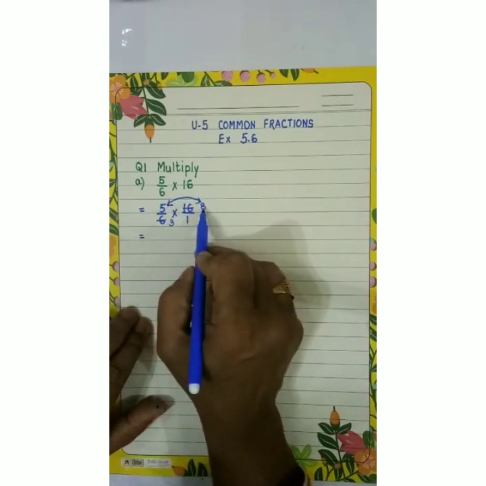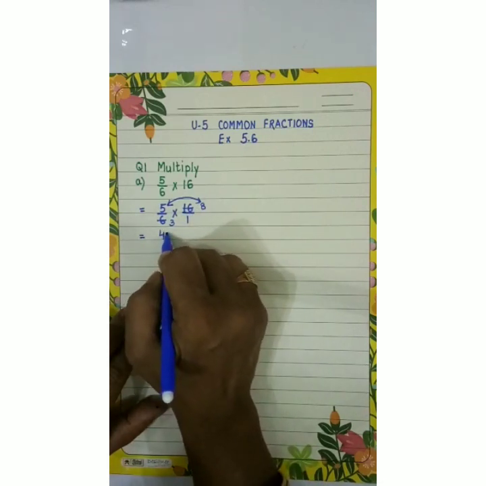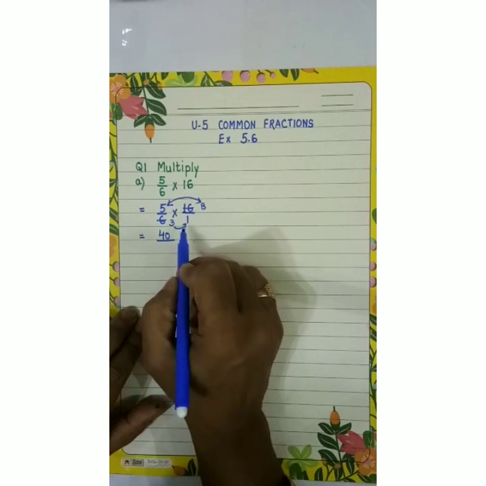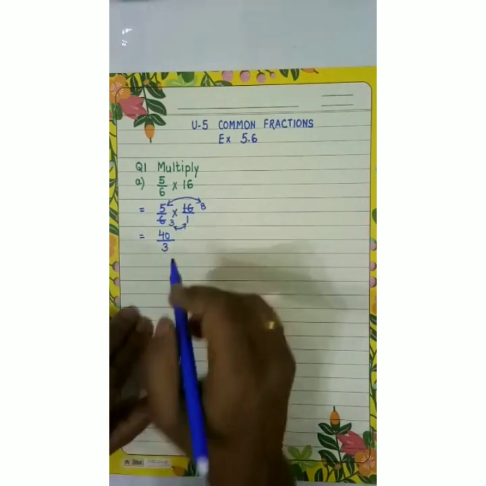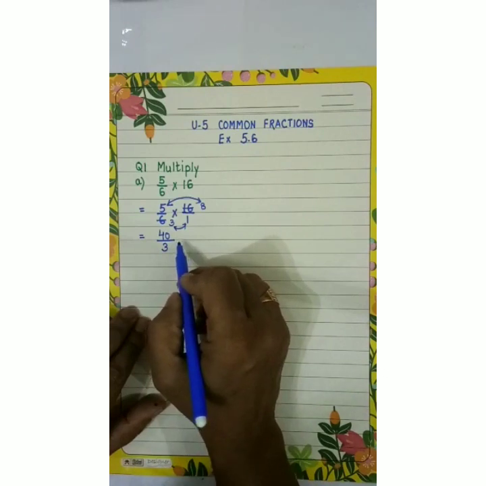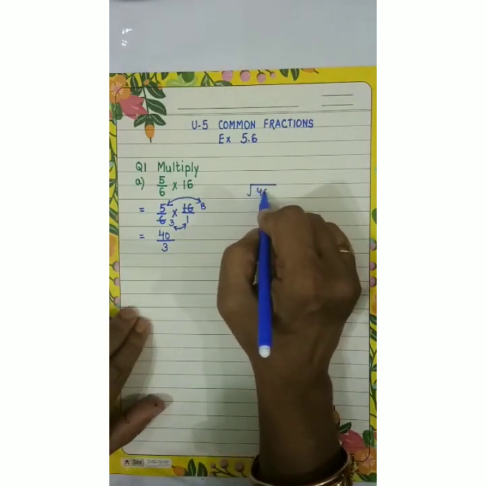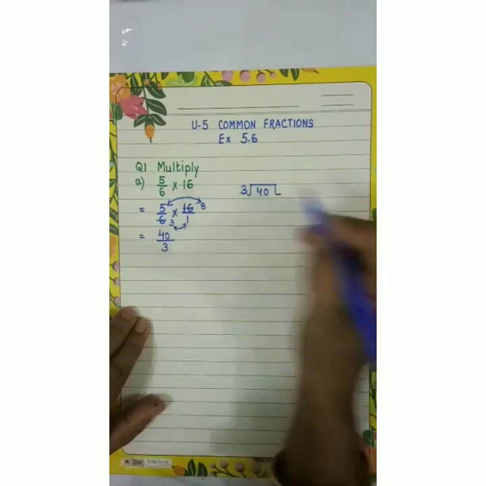Numerator will be multiplied with the numerator. 5 8s are 40 and the denominator 3 multiplied by 1 gives you 3.